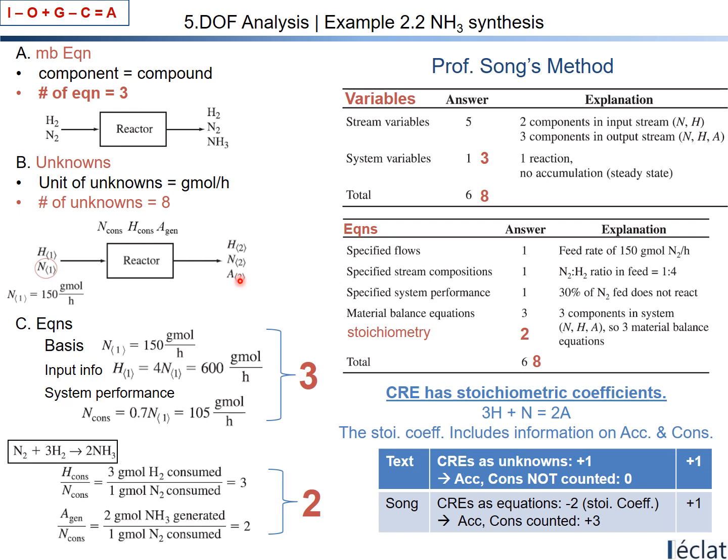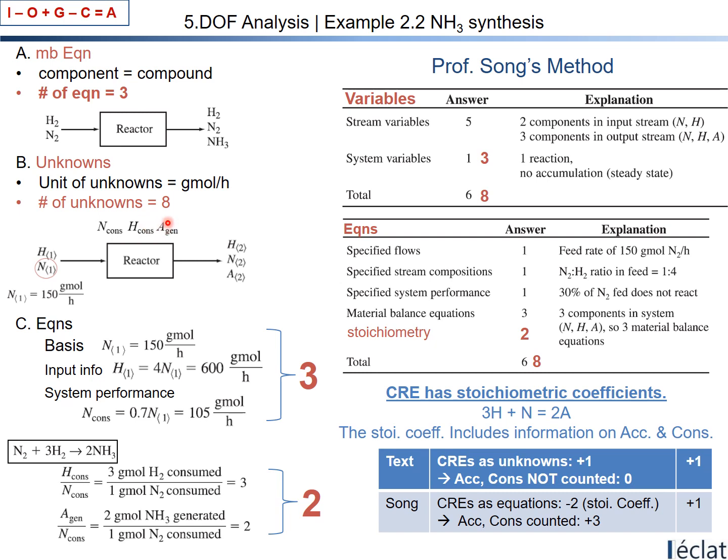And it's time to go to the system and see what kind of terms are available as the system variables. So nitrogen and hydrogen are the reactants. So nitrogen consumption term and hydrogen consumption term are available as the system variables. How about the generation term?